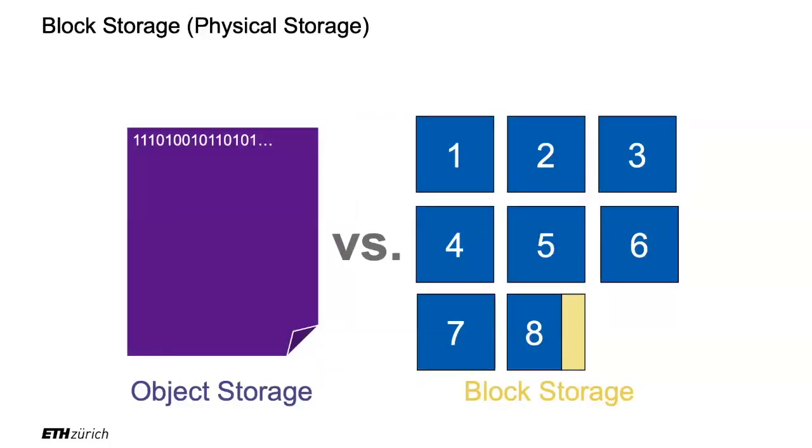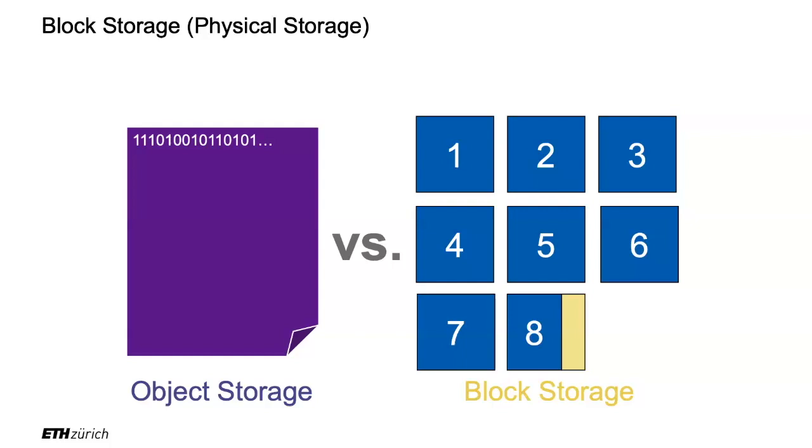Difference number two is that in the case of object storage, the object is a single big monolithic chunk. That's the object, up to 5 terabytes. In the case, however, of a distributed file system, we do divide the files into blocks, right?